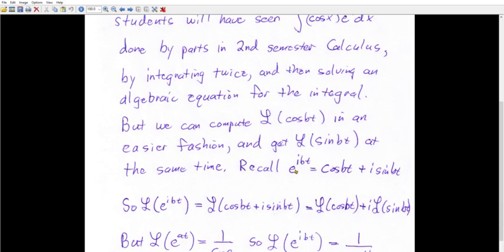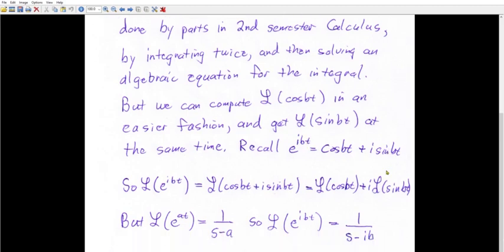Recall that e to the i bt is cosine bt plus i sine bt, which means that the Laplace transform of e to the i bt will be the Laplace transform of cosine bt plus i sine bt. And now because of linearity, that's the Laplace transform of the cosine of bt plus i times the Laplace transform of the sine of bt, which means the Laplace transform of this thing is going to be a complex function.